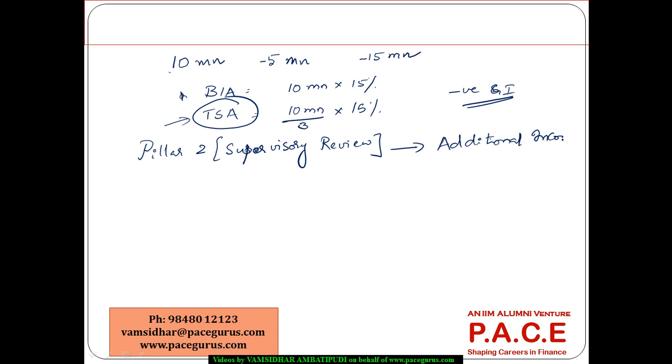It is talking about the adjustment where additional income can be added under the supervisory review aspect. So that's one important point from the perspective of Basel regarding the difference between the standardized approach and the basic indicator approach.